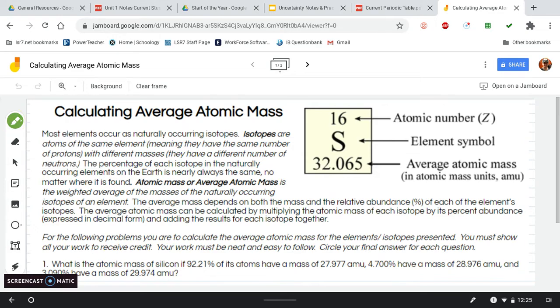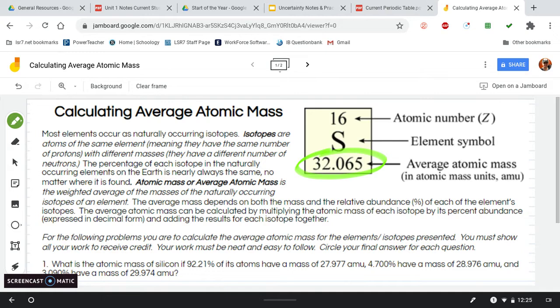And so this number right here at the bottom of your periodic table, that's average atomic mass or atomic mass. And so what this is that sulfur has a mass of around 32. So most sulfur you find out there in the world is going to weigh about 32.